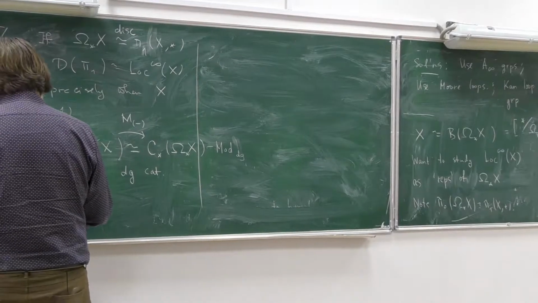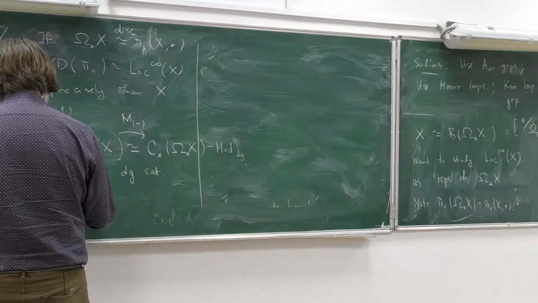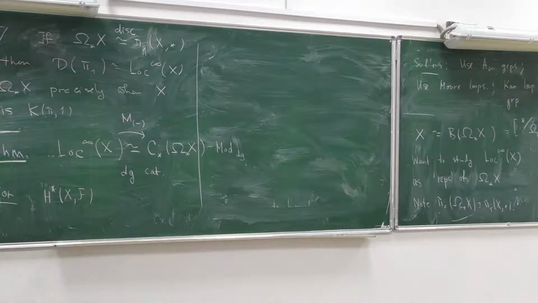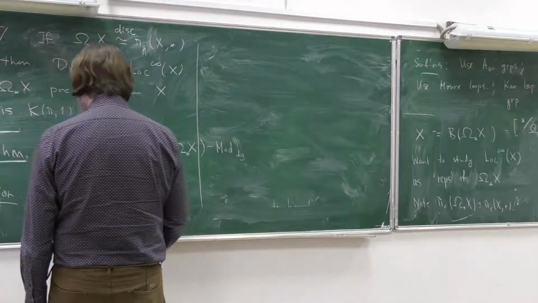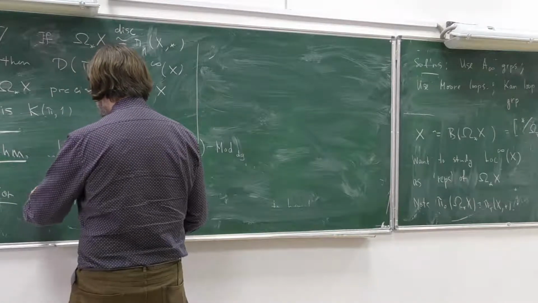So let's say cohomology of X with coefficients in one of these complexes with locally constant cohomology, under this equivalence, is, let me say, chains.